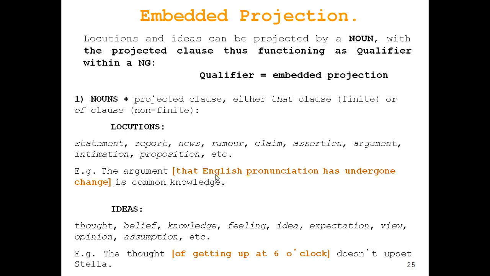And you see, it works both with finite clauses, has undergone being a finite verb, and with non-finite clauses, of getting. Getting is a non-finite verb. So both finite and non-finite clauses can construe a logical semantic relation of embedded projection.